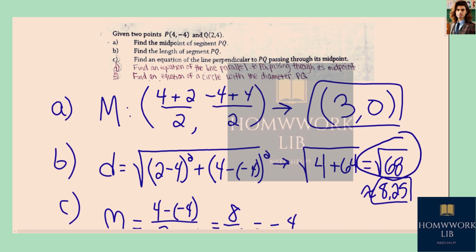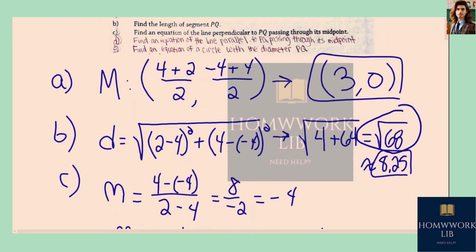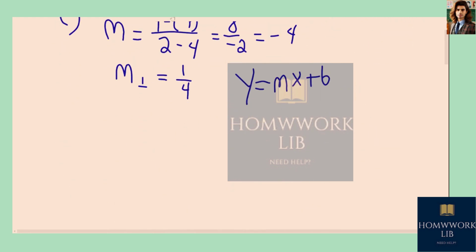Now we want to be specifically perpendicular here. The perpendicular slope is the opposite reciprocal, so positive 1/4. To write an equation, think y equals mx plus b, for instance. We want to go through the midpoint, which is 3, 0. So that's an x, y. Substitute 0 for y, the slope we want, 1/4, and 3 for x.